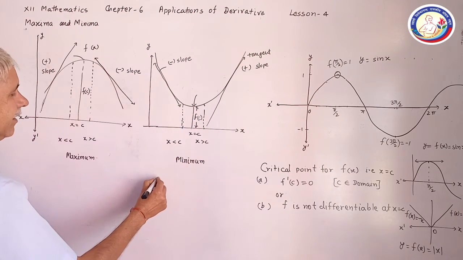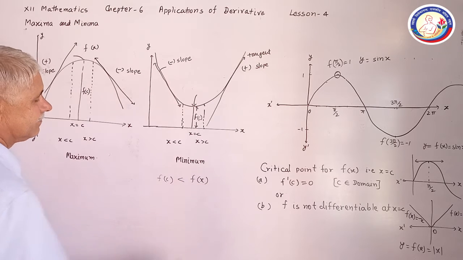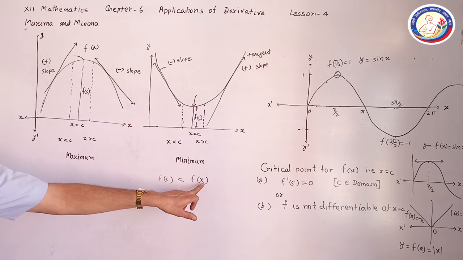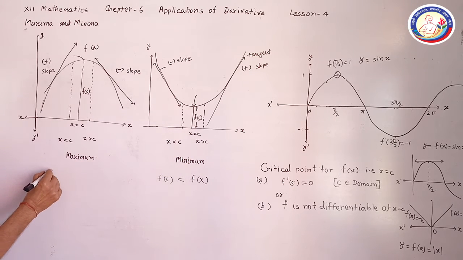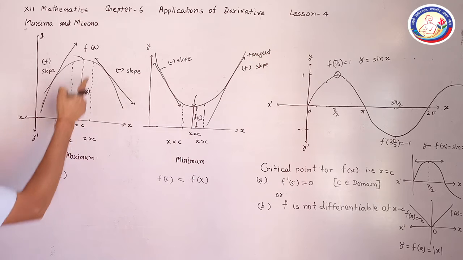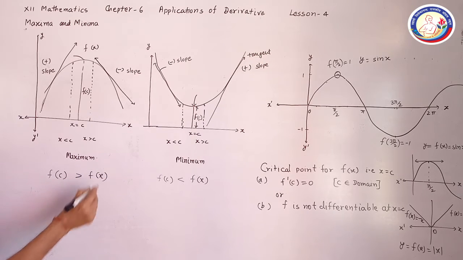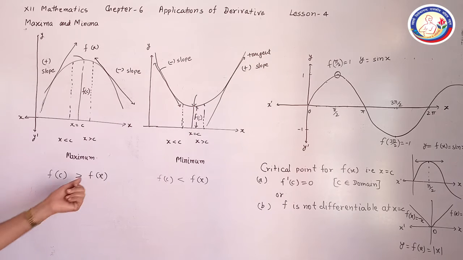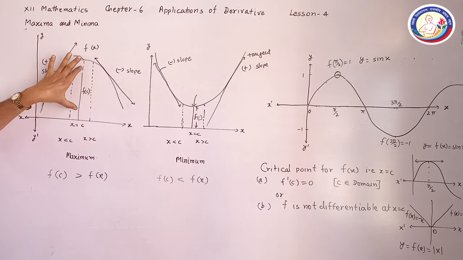So if there is a point c and f(c) is less than f(x), where x is less than c or greater than c, the values near c, and if the value of the function at c is f(c) and the values around this for x greater than c and less than c are greater, then this point c is called a point of minimum, and the value of the function at c will be called the minimum of the function.